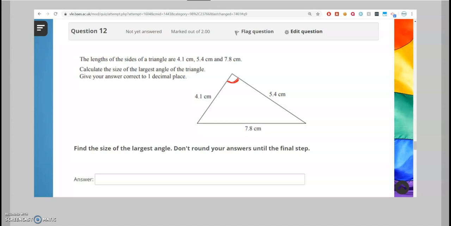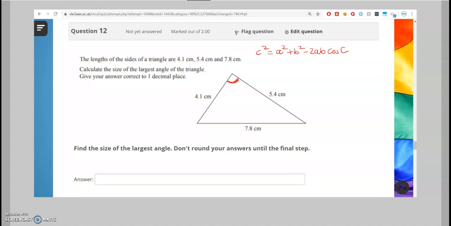Now, can we use the sine rule? We cannot in this case because we don't have any information about the angles at all. So we're going to have to use the cosine rule, which is c squared is equal to a squared plus b squared minus 2ab cosine C. Now we can rearrange this to get cos C, so make that the subject of the formula.